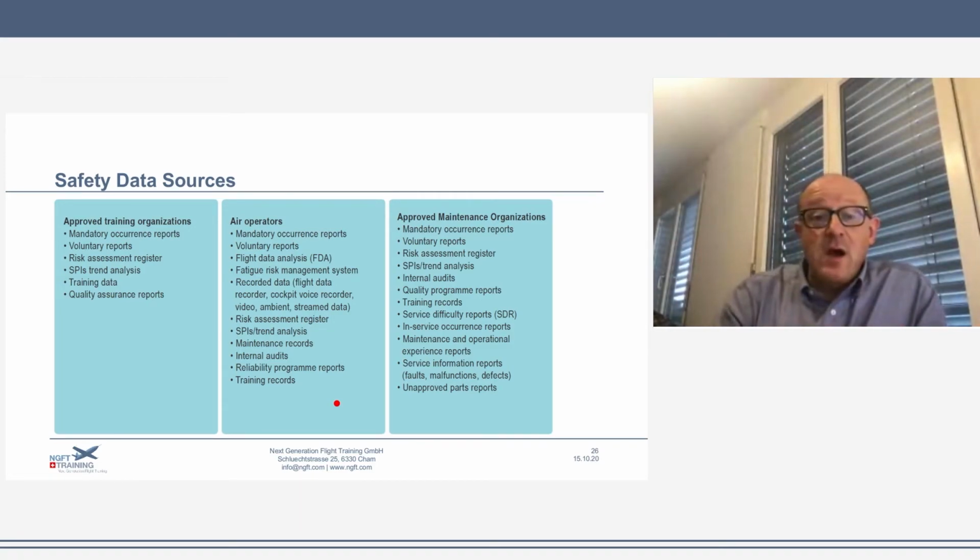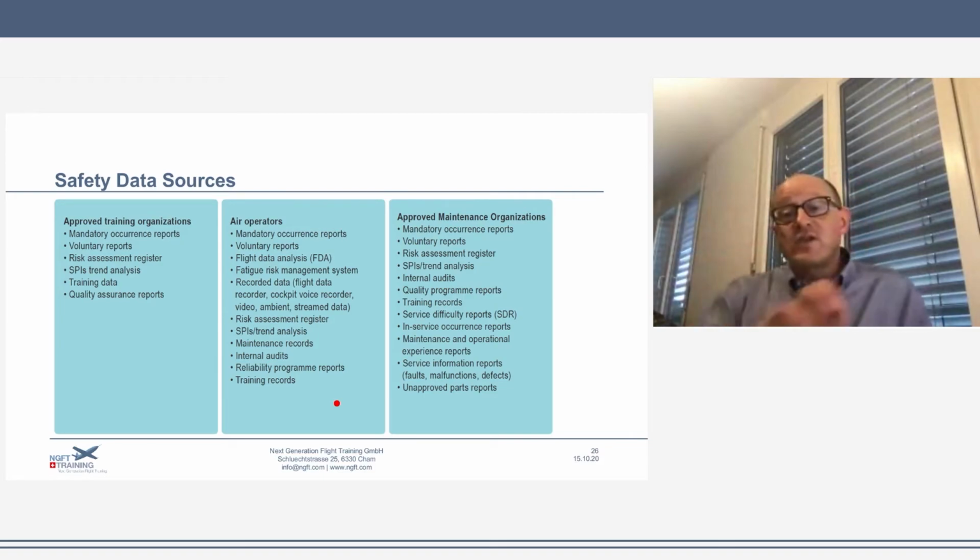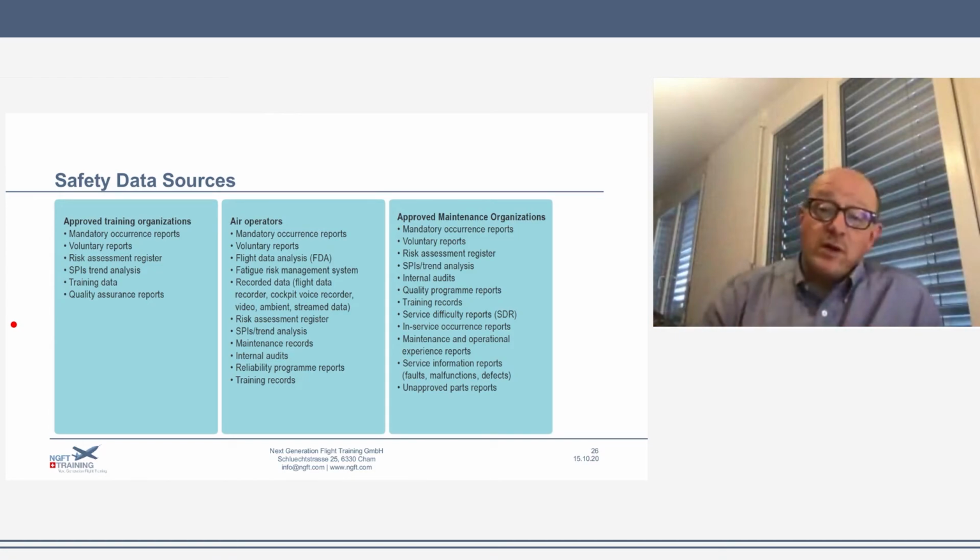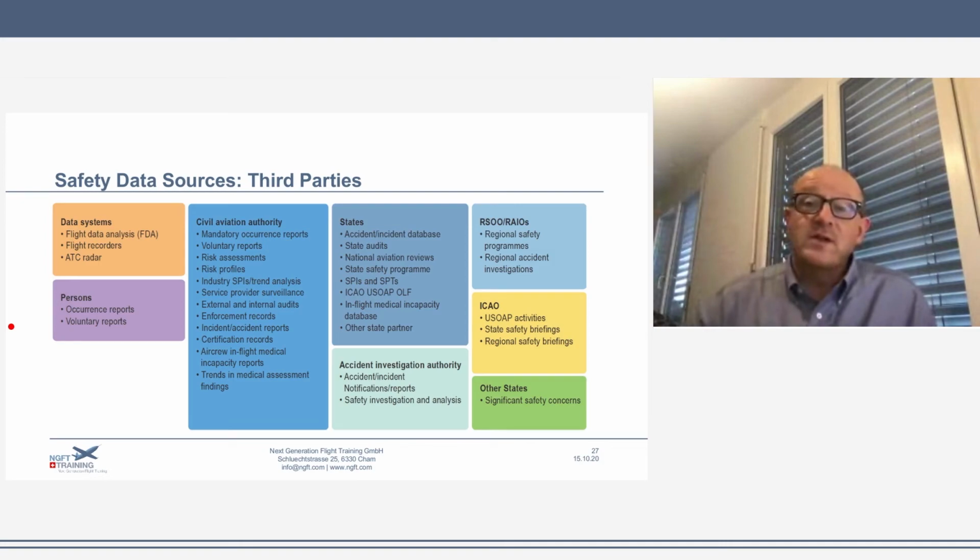So in an ATO, mandatory occurrence reports, risk assessment registers, training data, etc. So this should give you this kind of complete picture. So those are from within the organization. And then there are also third-party organizations that do provide information. Have a look at that as well.